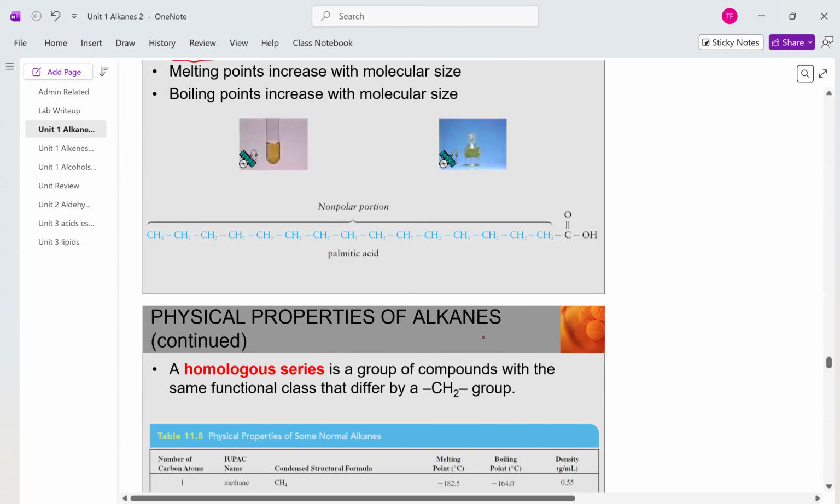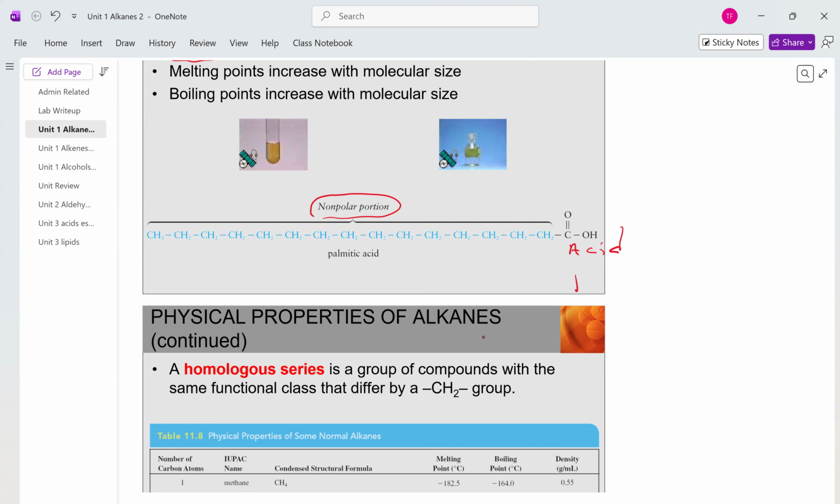Okay, this is an example of a fatty acid we're going to be talking about in Unit 3. Unit 3 is on acids and esters. Okay, so notice this thing. It has an acid end and a non-acid end.